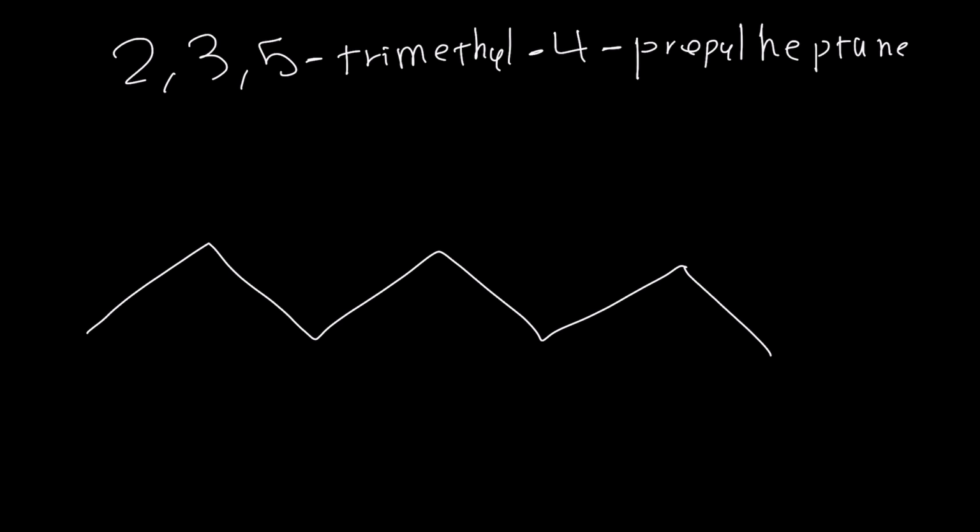And then on carbons 2, 3, and 5 we have methyls. On carbon number 4, we have a propyl. A propyl group looks like this. It has 1, 2, 3 carbons, and it's a substituent.